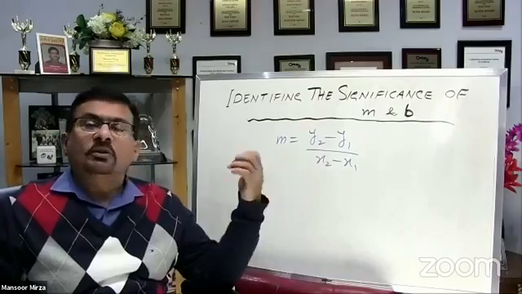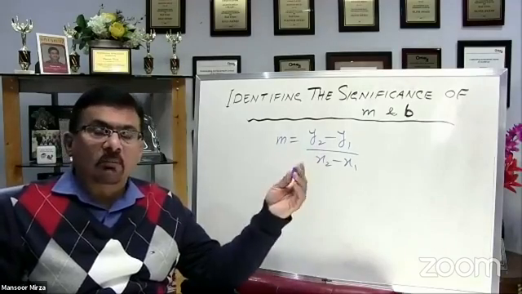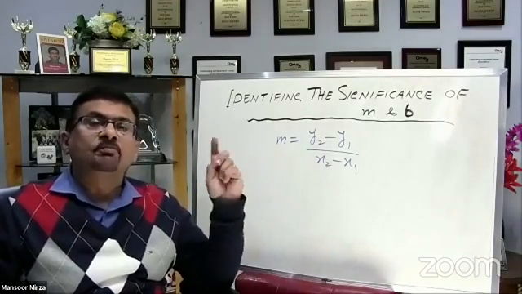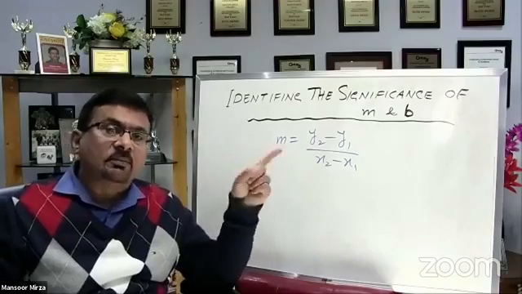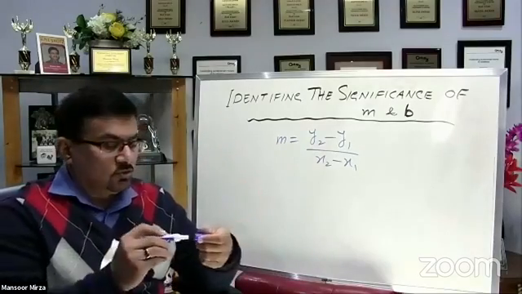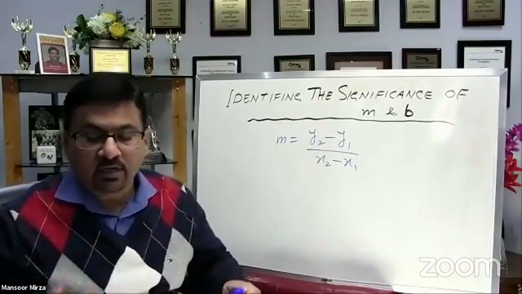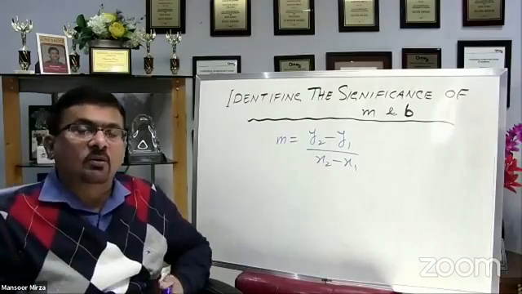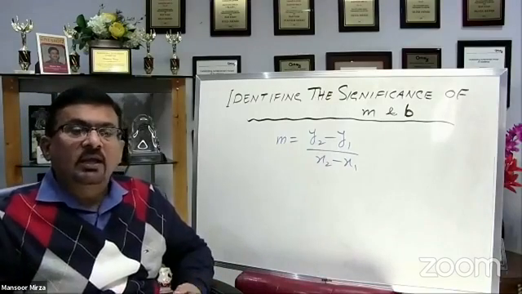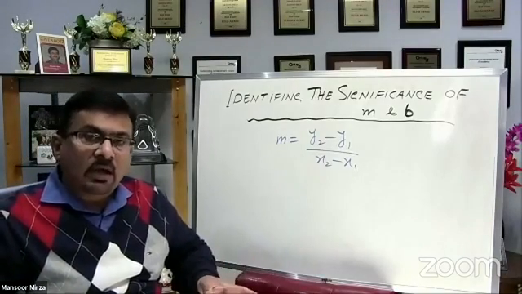If you review the previous lessons, or if you still remember, b was the point where the line intersects the y-axis. I can show you an example, and then we will calculate how to find the equation of the line when we are given m and b.